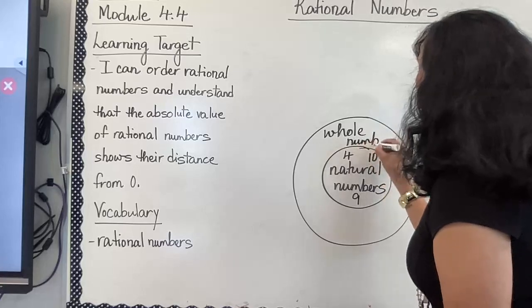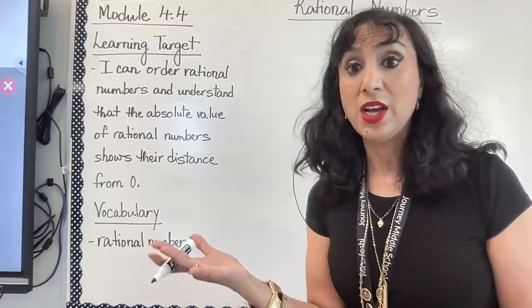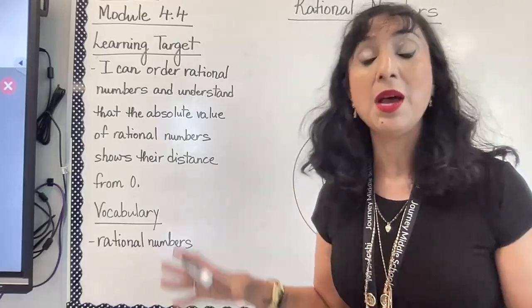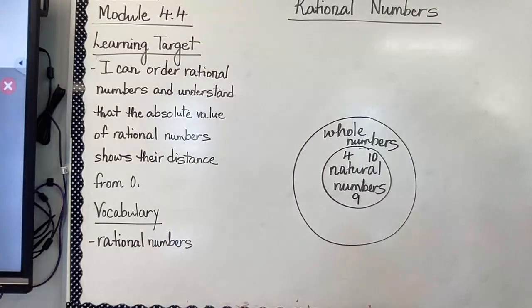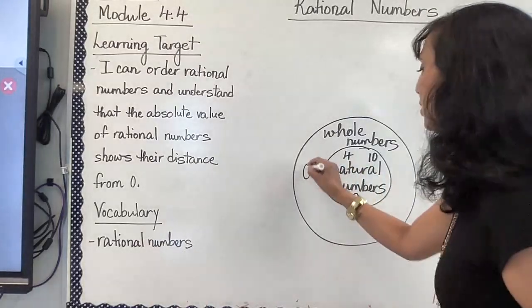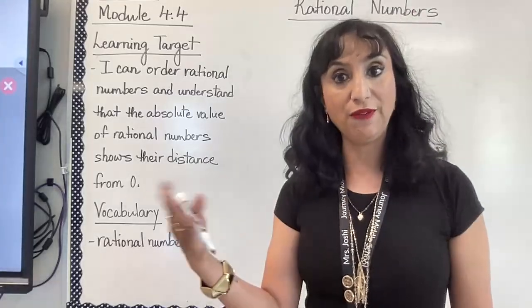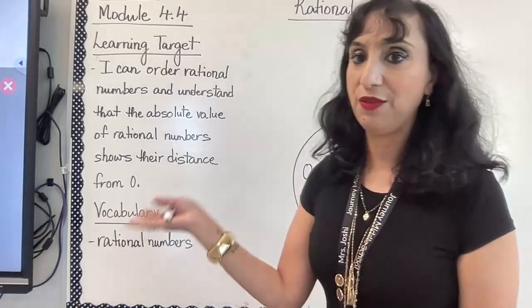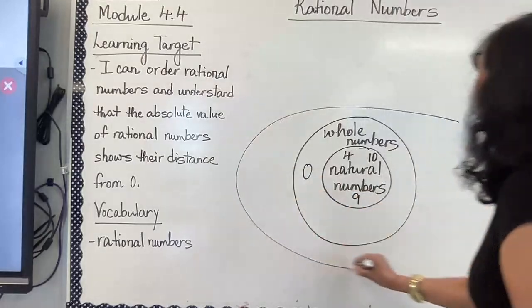Because natural numbers were 1, 2, 3, 4, etc., whole numbers have all of the natural numbers plus they have a 0. So in whole numbers, we have an addition, which is 0. Natural numbers once again are 1, 2, 3, 4, counting numbers, and whole numbers are 0, 1, 2, 3, 4.